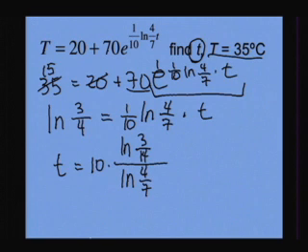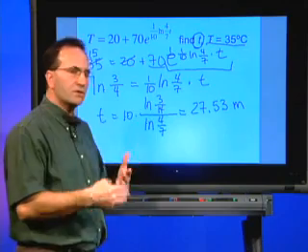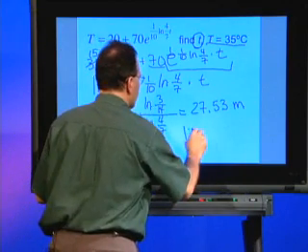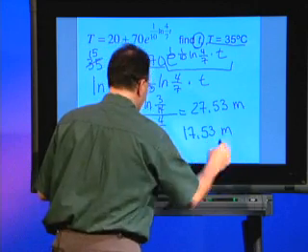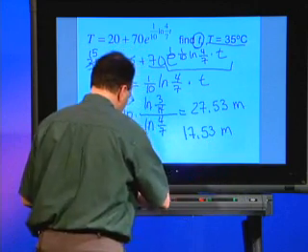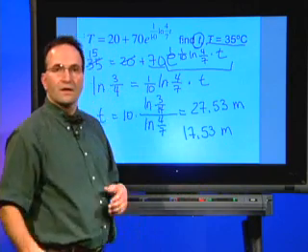And when you plug all of that into your calculator, you'll come up with 27.53 minutes. And that means, because the original time was 10 minutes, that we need an additional 17.53 minutes to cool this egg down to a temperature of 35 degrees.